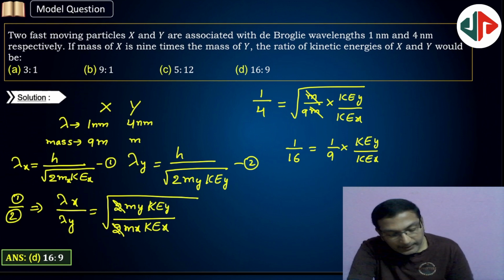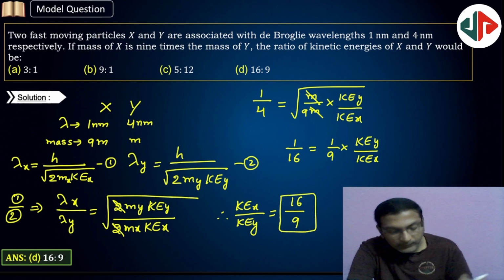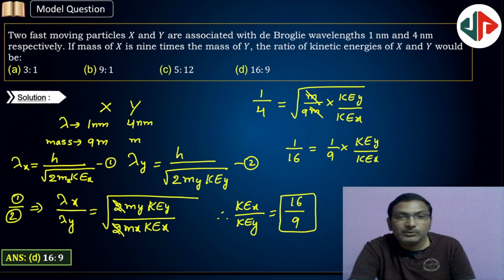Here we should find, therefore, KEx by KEy equal to 16 by 9. So kinetic energy ratio will be 16:9.